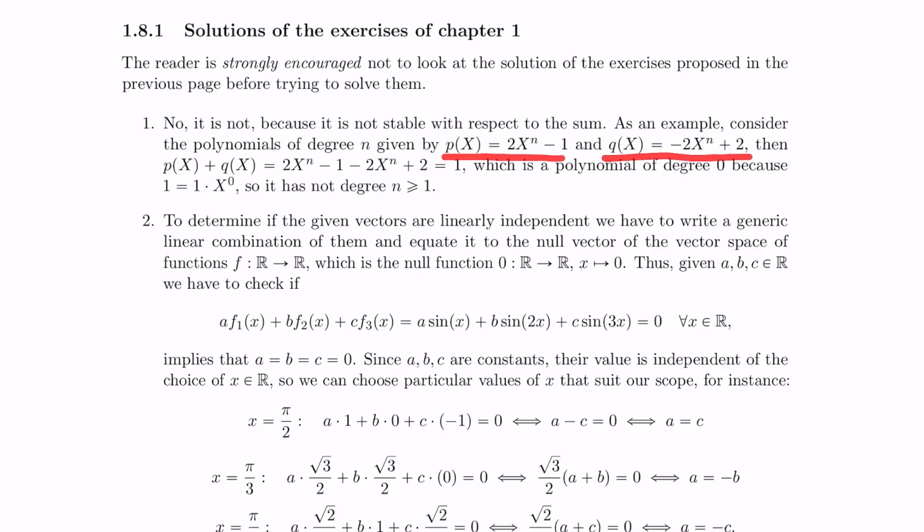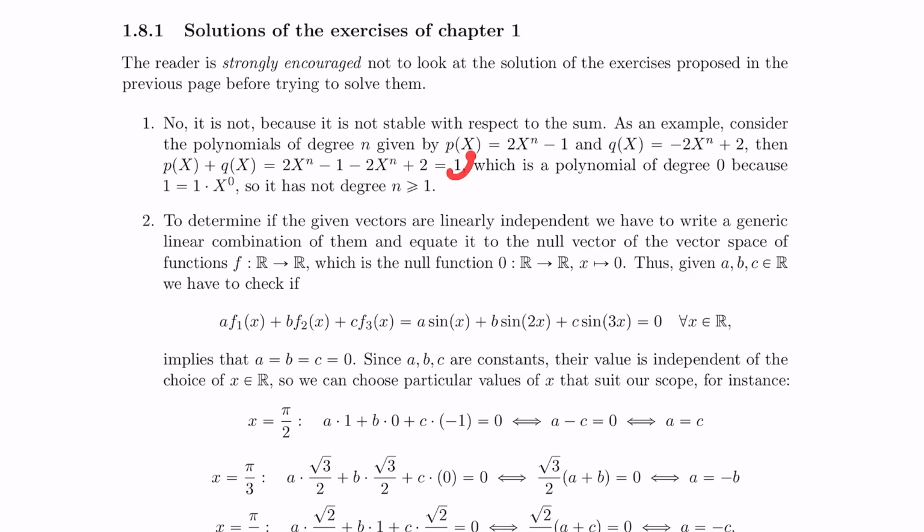They are polynomials of degree n, as you can see. P of x is 2x^n minus 1, and Q of x is minus 2x^n plus 2. If we sum them together, we find that 2x^n and minus 2x^n erase each other, and we remain with minus 1 plus 2, which is 1.